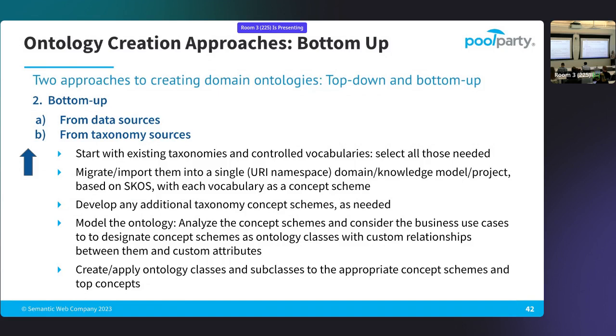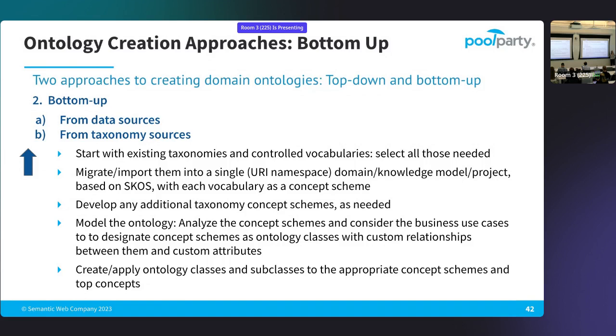And then each vocabulary could be a concept scheme. So you could have a concept scheme for names of people, another for names of organizations or departments, another for geographic places, another one for activities, or another one for products and services. Maybe you need to build more. And then you model the ontology from that.